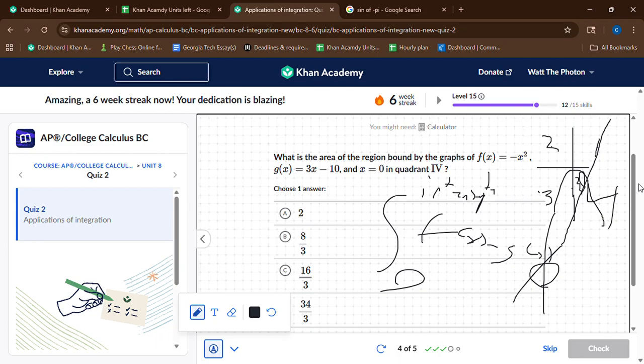Calculate the intercept. Square second curve gives 2 and negative 4. 2, yes. x equals 2. So we have the integral from 2 to 0 of f of x minus g of x.